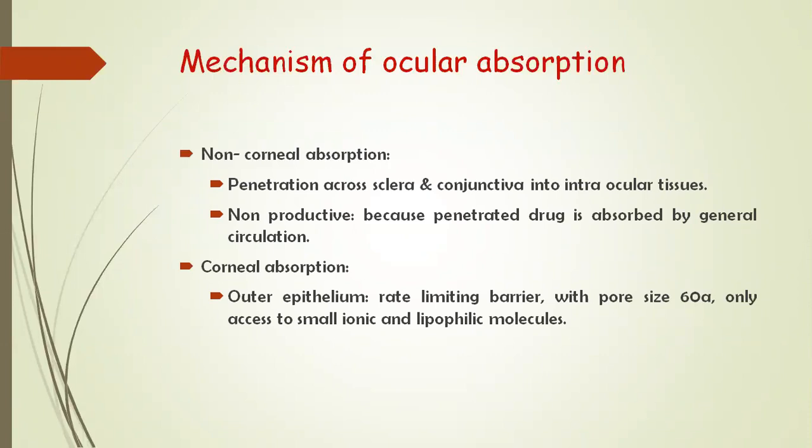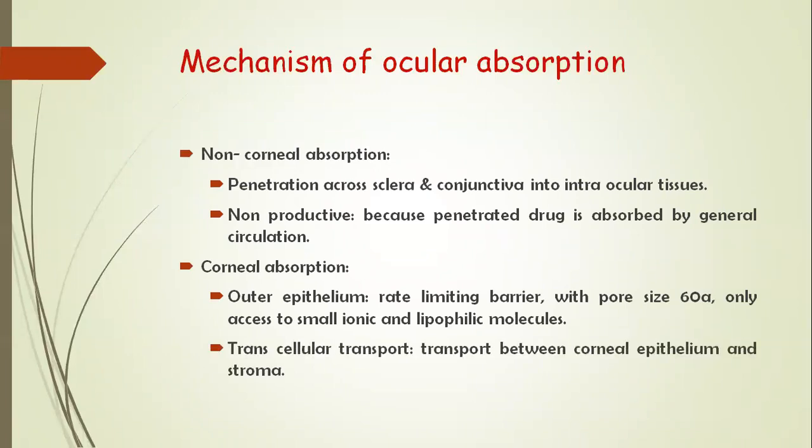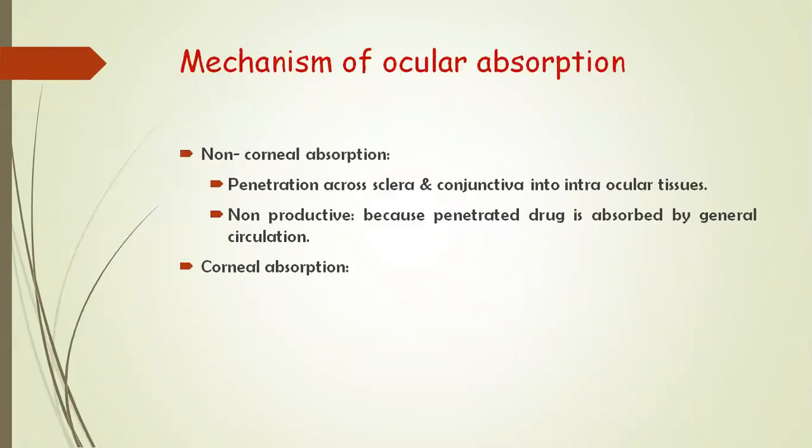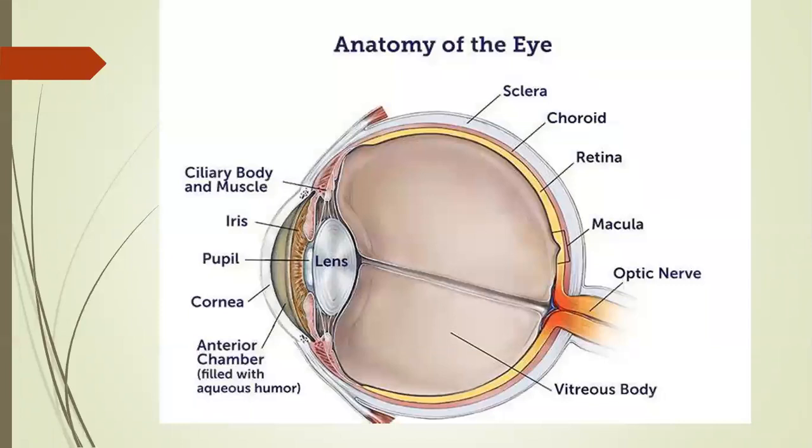It is a rate limiting barrier which has the pore size of 60 angstrom. Transcellular transport occurs between corneal epithelium and the stroma. So here you can see the corneal and non-corneal routes, that is through the sclera.